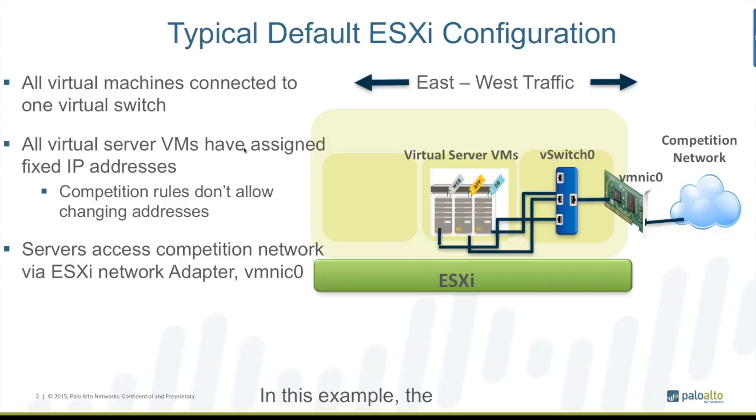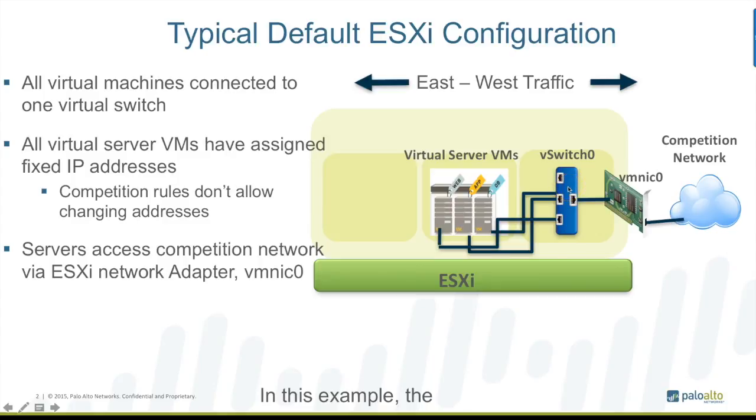So when you walk into a room, this could be a typical configuration for your ESXi host. You have virtual servers. They're all connected to the default virtual switch. In this case, you can see here the default virtual switch is vSwitch 0. This would be your default setting on any ESXi host if it's been set up and installed.